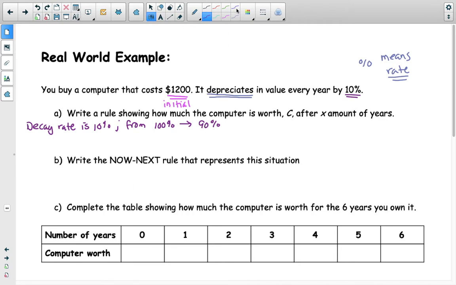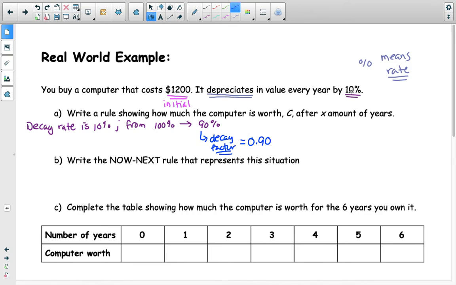That tells us that our decay factor, the number we want to use, is 0.9, or 90 hundredths, because we change the percent to a decimal, so we change it into a factor.